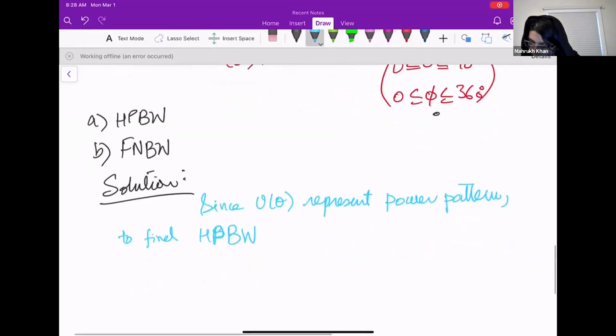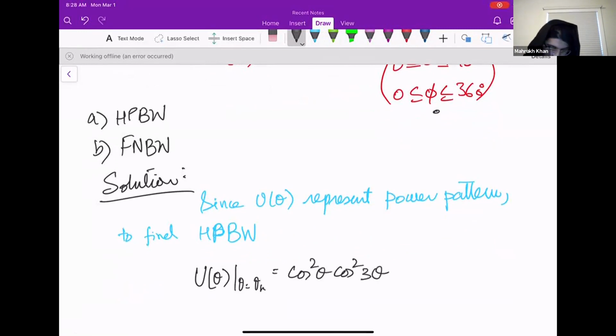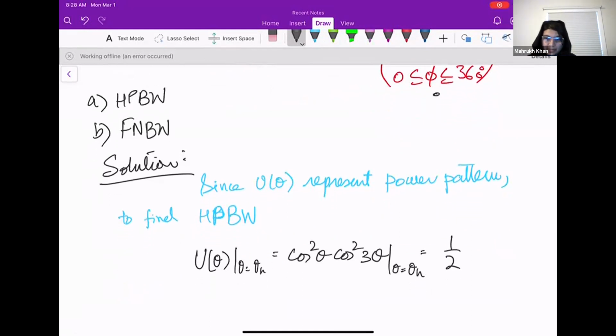So theta will be the half power beamwidth if cos square theta cos square 3 theta is equal to 0.5. Theta will be equal to the half power beamwidth if your radiation density is 1/2.